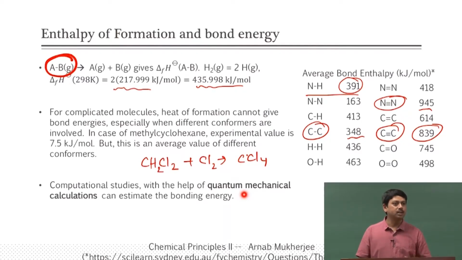Similarly we can study the energy of the hydrogen molecule, and the bonding value of the hydrogen molecule is pretty close to our calculation, we will talk about that. So you see 435.998 is at 298 Kelvin, at 0 Kelvin it is around 432, which is very close to the quantum chemical calculations. So quantum mechanics can give you an idea about this bond strength, which can be experimentally verified using this kind of systems.